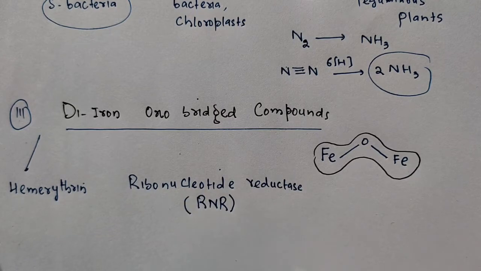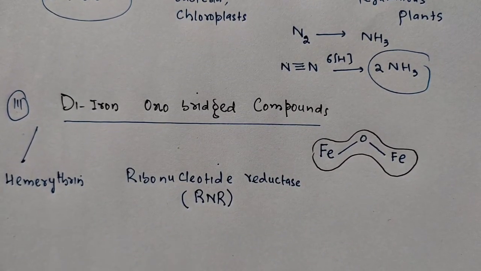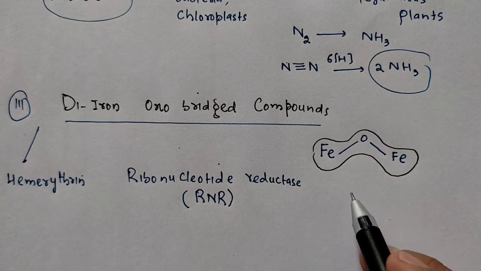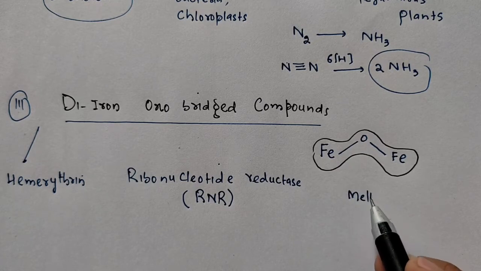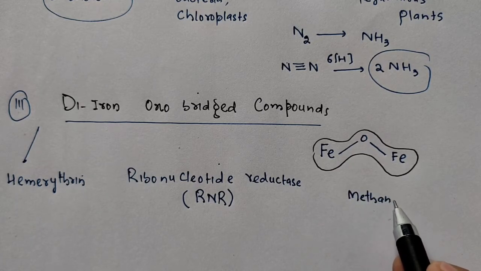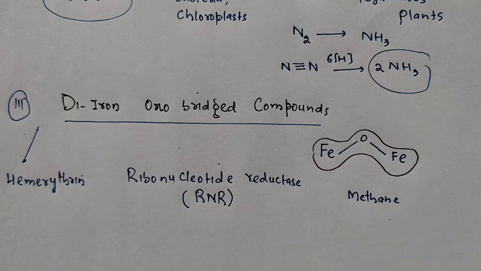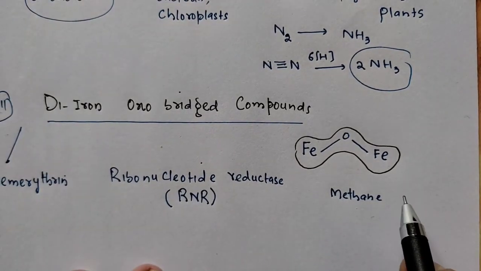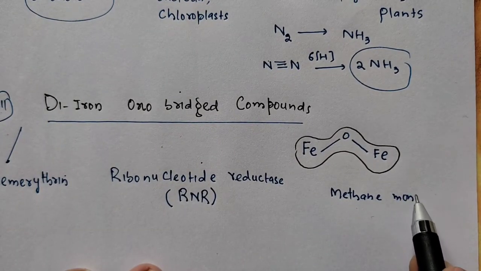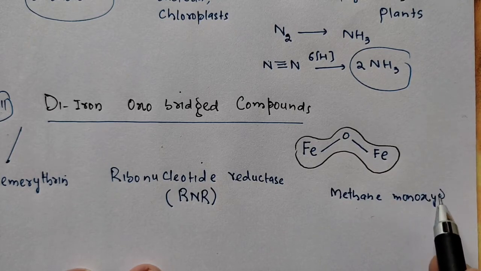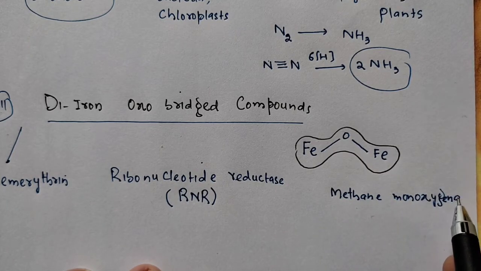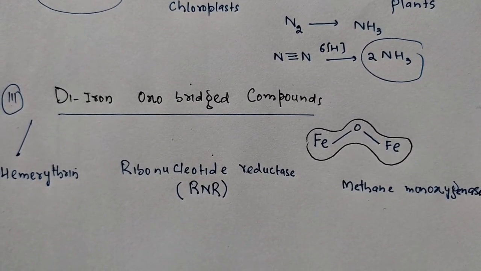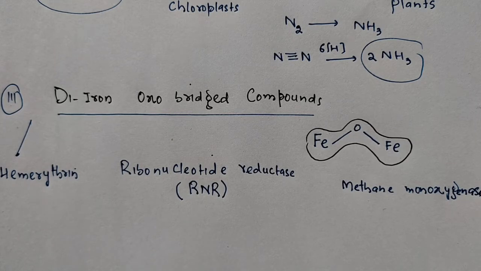Then we have one more enzyme which contains this diiron oxo bridge, that is methane monooxygenase. So these are the 3 important compounds which contain this diiron oxo bridge.